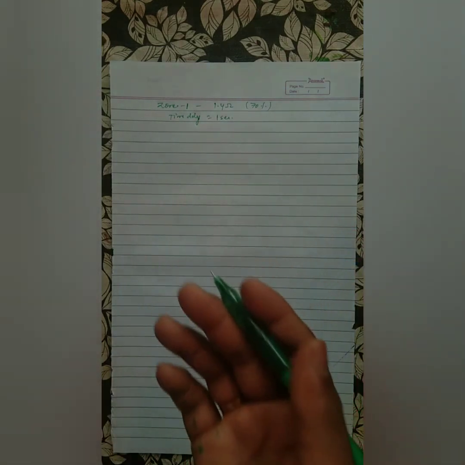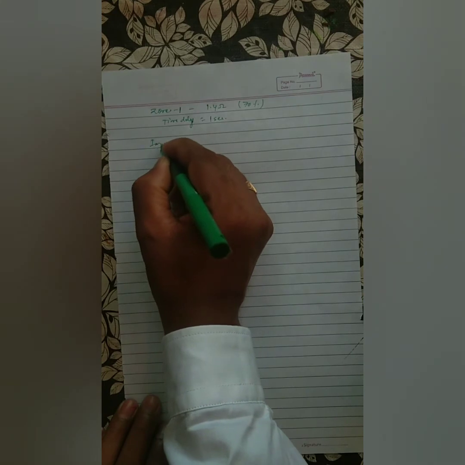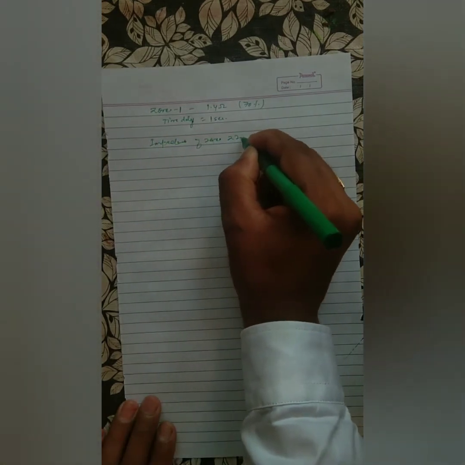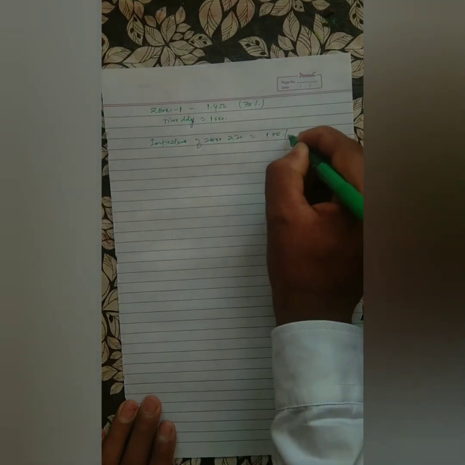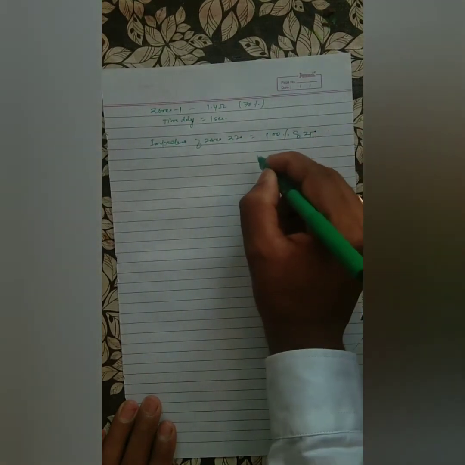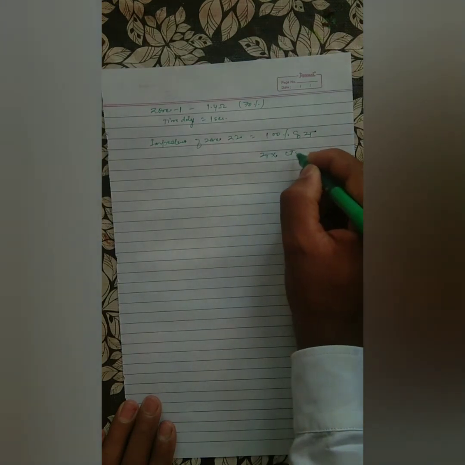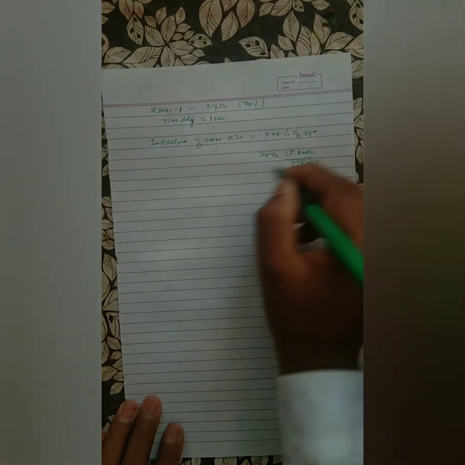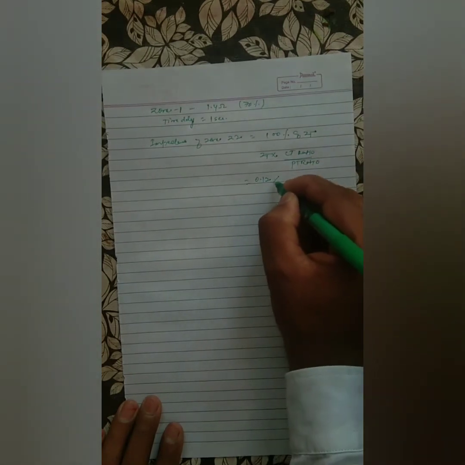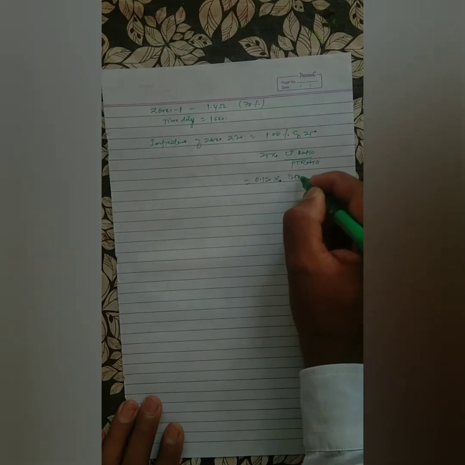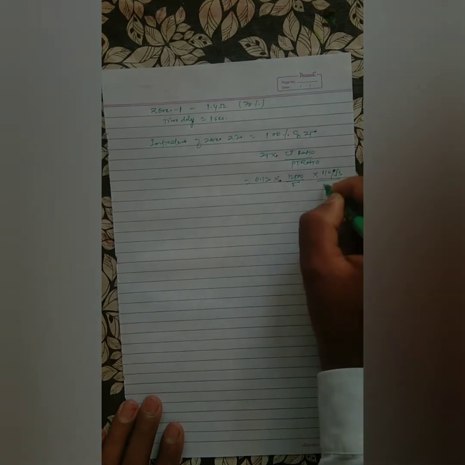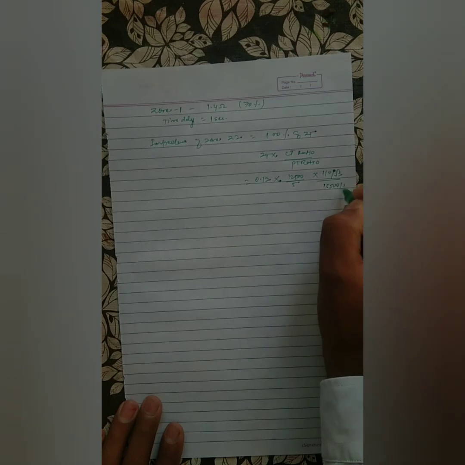Now we will calculate for zone 2. Impedance of zone 2, that means ZT2, we will take as 100% of ZT. That means ZT into CT ratio by PT ratio. Whatever value we have got is 1.2 ohm, 12500 by 5 ampere, and the PT ratio 110 by root 3 into 16500 by root 3.